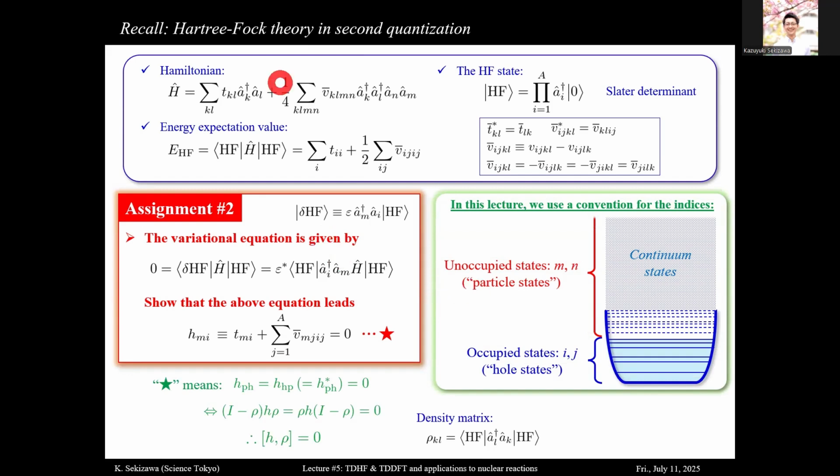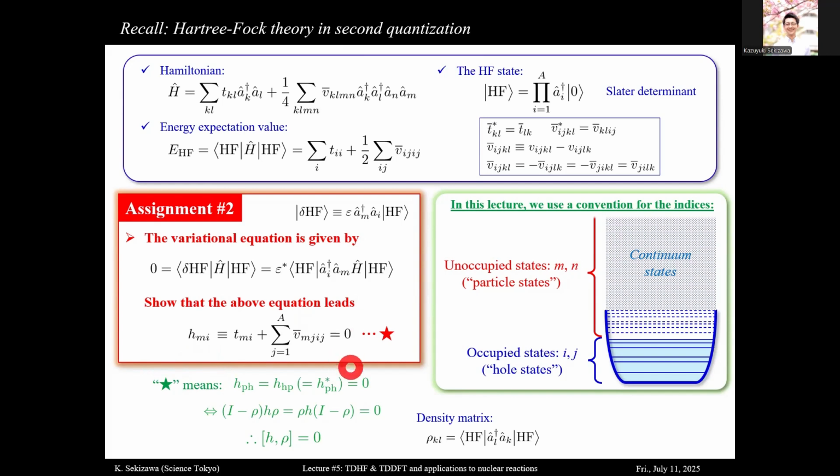Here I just recall what was given in the previous assignment number 2. The assignment was to derive the Hartree-Fock condition. From the variational principle in the second quantization form, you can show that the single-particle Hamiltonian matrix H satisfies this condition: the particle-hole or hole-particle components of H must be 0.